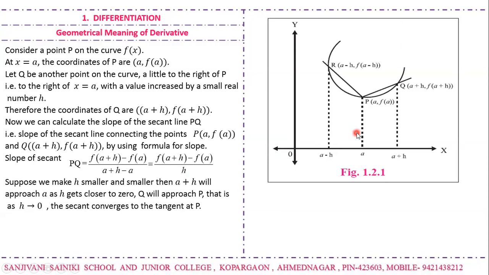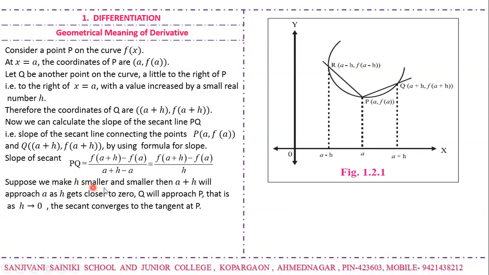Now suppose we make h smaller and smaller and smaller. If we make this h as small as possible, then this a plus h will come nearer to a. So as h tends to 0, this a plus h will approach the point a.